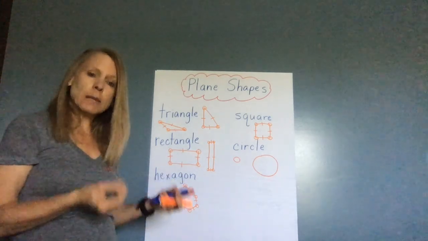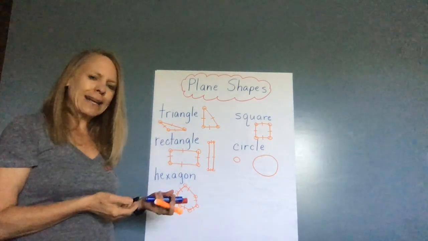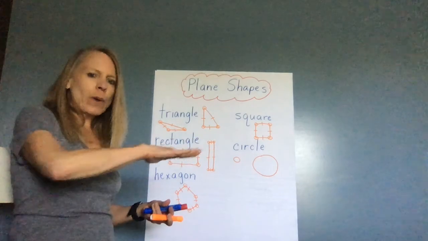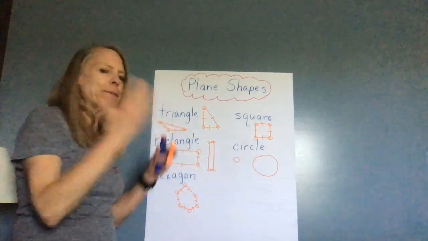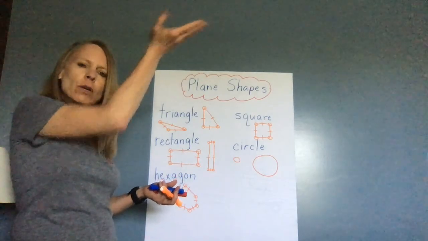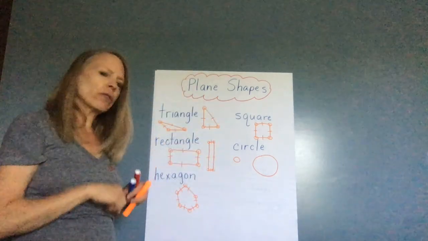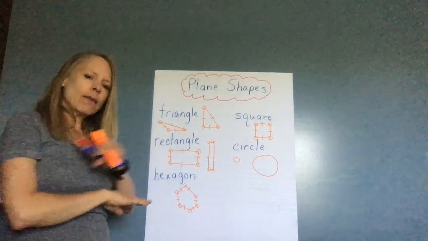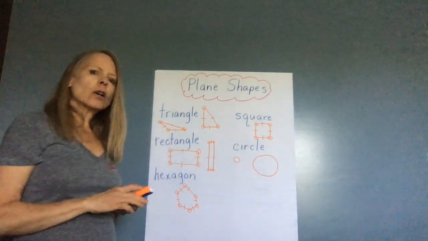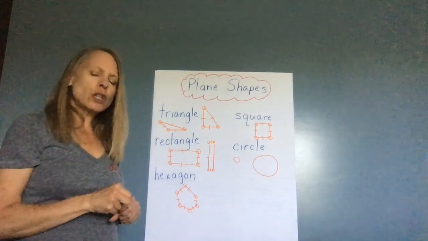We call them two-dimensional shapes or plane shapes. They are flat. They go this way, but not up and down. All right. They don't go up off the table. If I put a blanket over them, I can't see them. They are flat. Okay. So these are called plane shapes.